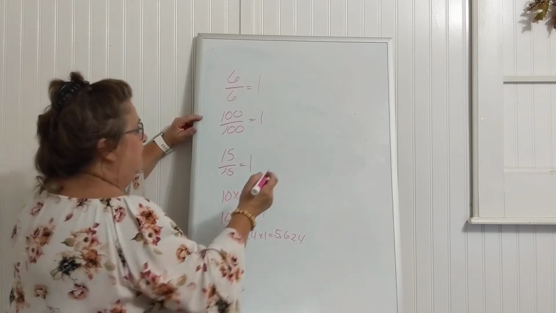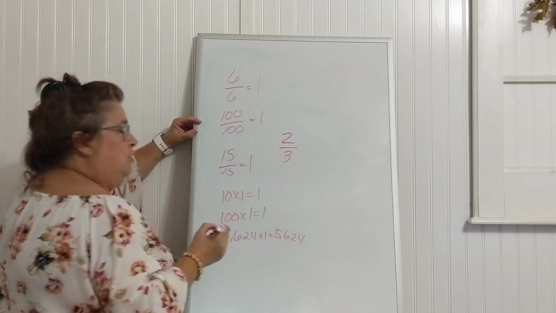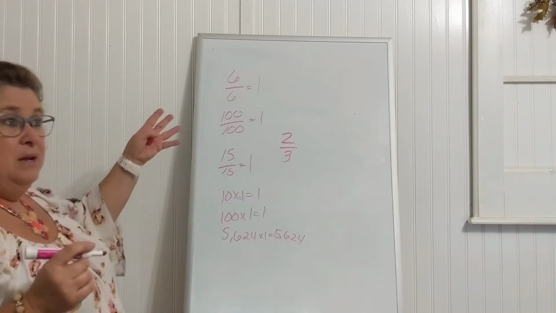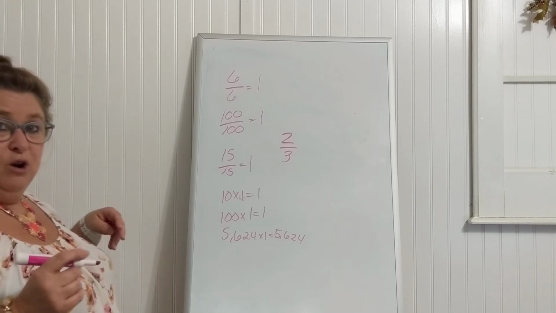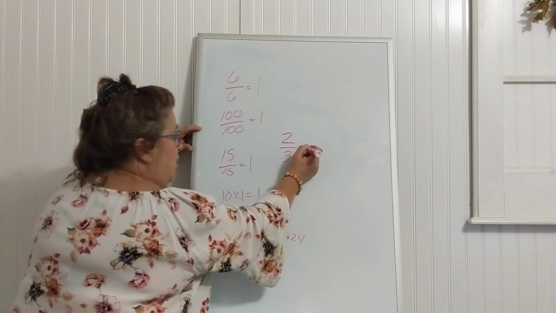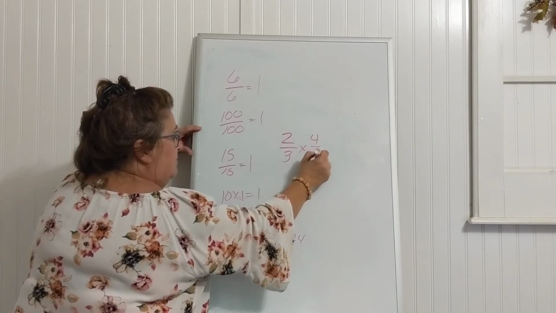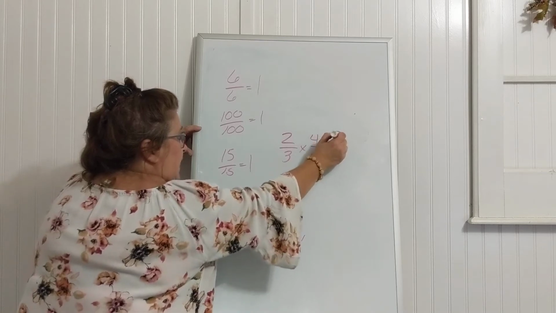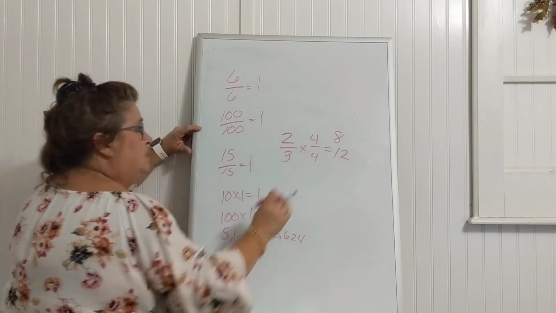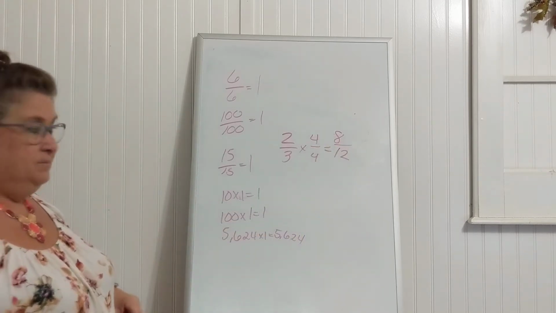So if we have the fraction 2/3 and I'm told to make an equivalent fraction, and they don't give me a numerator or a denominator to work off of, I can just pick any one that I want. I'm going to pick 4/4 because that's 1, right? So 2 times 4 equals 8, and 3 times 4 equals 12. So 2/3 equals 8/12. I just made an equivalent fraction.